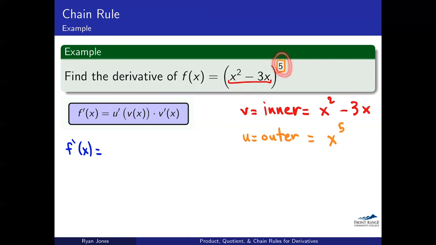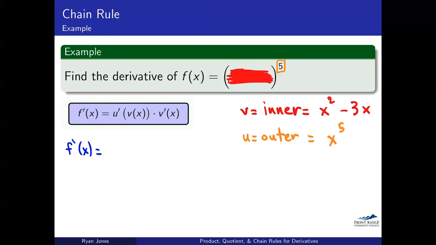When I look up here, that outer function is this part. I've used that word untouched a couple times. I'm going to leave this x squared minus 3x, pretending that it's a big giant blob and I don't even really care about it. Let's just cover it up, because for right now, I don't care what's on the inside.